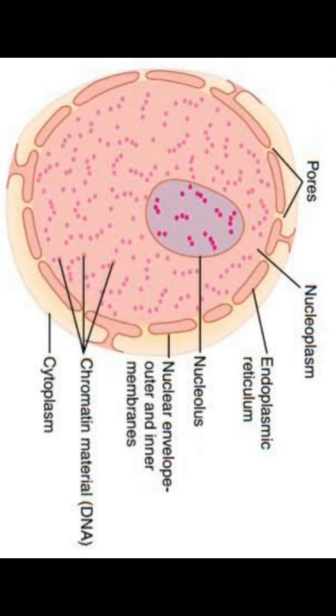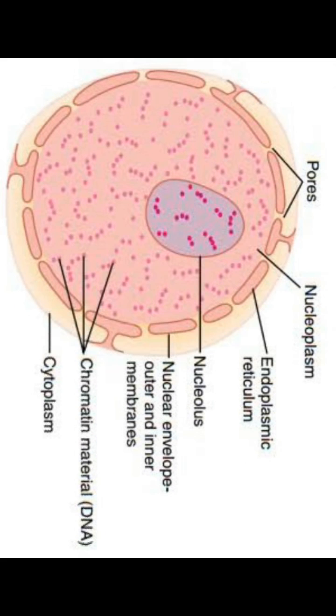Please watch the diagram. The nuclear matrix is also called nucleoplasm. The light pinkish structure you are seeing on the screen right now is the nucleoplasm, which contains the nucleolus. Inside, a spherical nucleolus structure is there. You can see the nucleolus and chromatin.